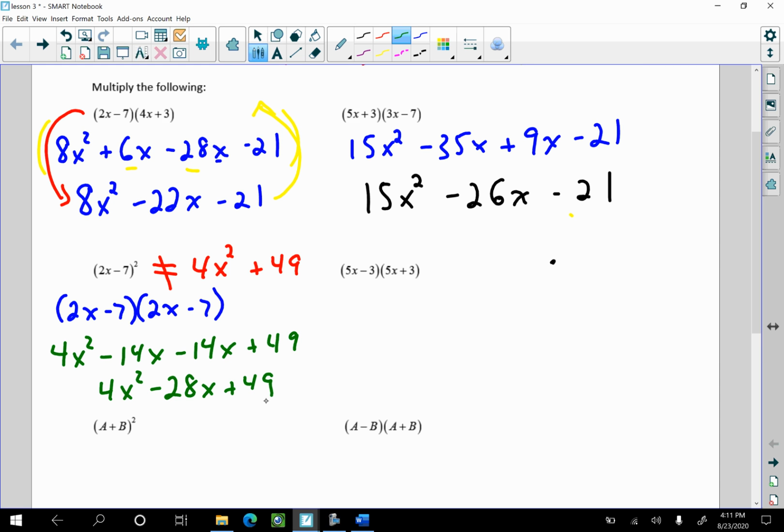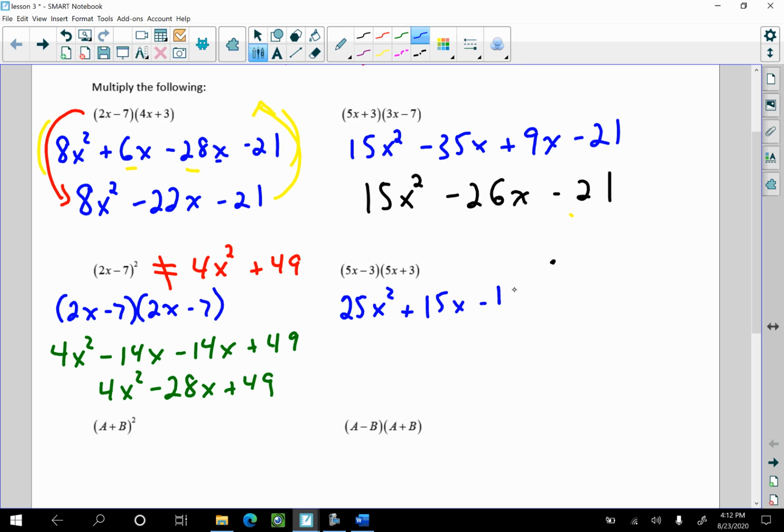Now I notice on this particular example that I have 5x minus 3 times 5x plus 3. That's an example of multiplying a binomial by its conjugate. Let's just see what happens. First terms, 25x squared. Outside terms, positive 15x.